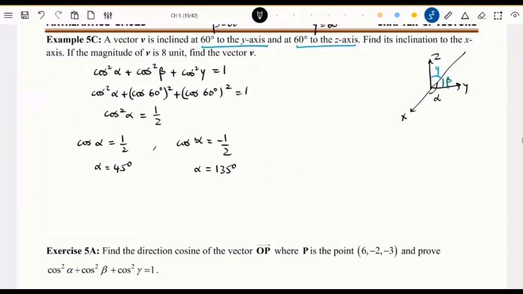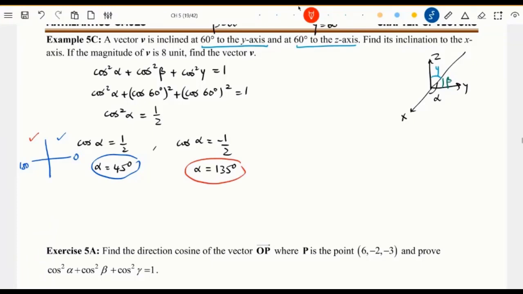Alpha dia ada dua, is it 45 degree dan juga 135 degree. Okay, sebab kamu punya rotation hanyalah sampai 180. Daripada sini sampai 180. So either consider on the first quadrant ataupun on the second quadrant saja. So first quadrant adalah 45. Second quadrant kamu adalah 135.